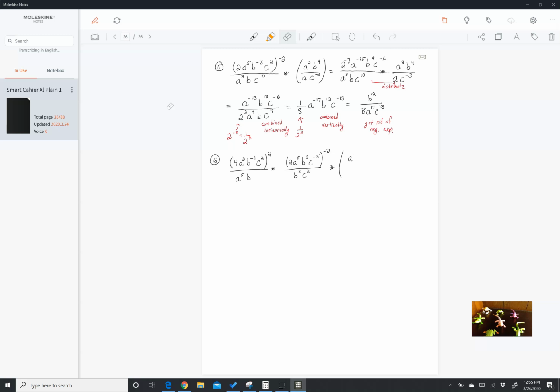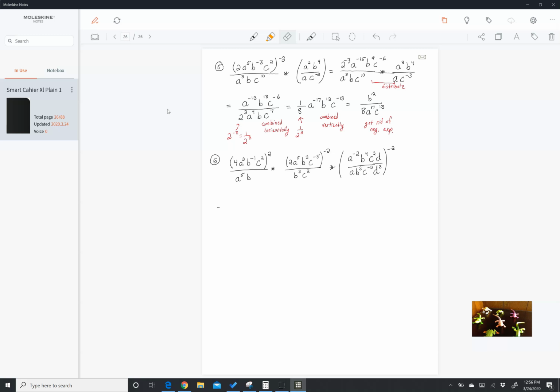a to the negative 2, b to the 4th, c squared over a. We'll add in a d here. b cubed, c to the negative 2, d cubed, and we'll raise this to the negative 2 power.